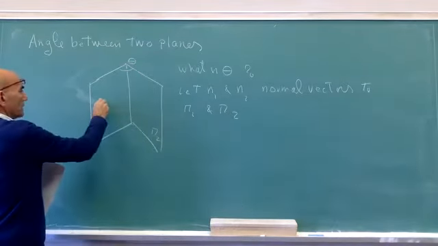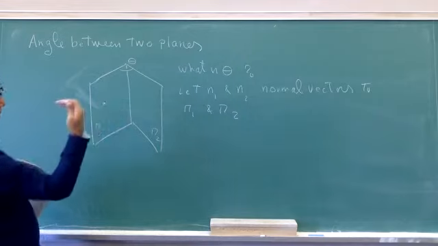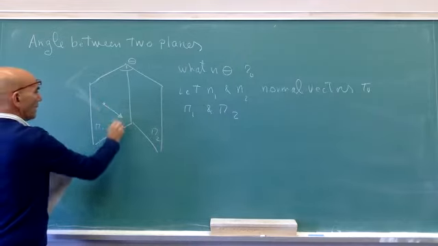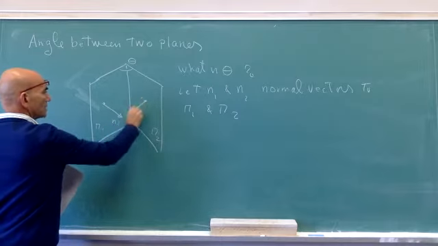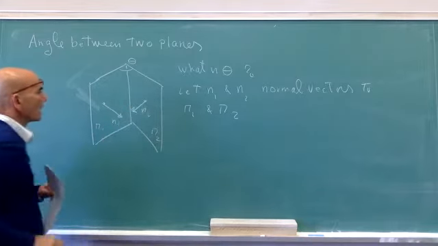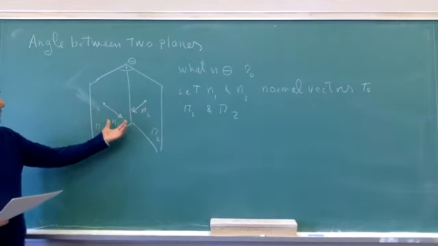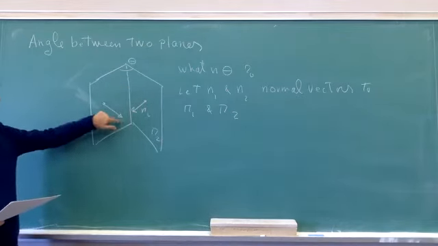Okay, so there is this normal vector maybe coming off the board or something like that. So this is like N1, and the other one is coming in this direction, N2. And so the question is, can I just find this angle using N1 and N2?